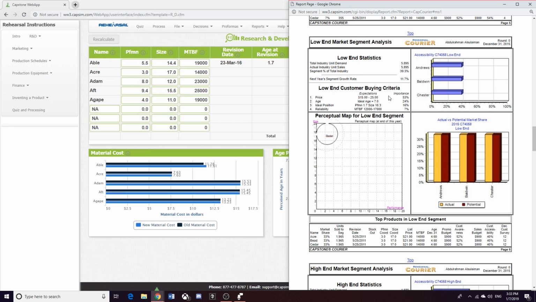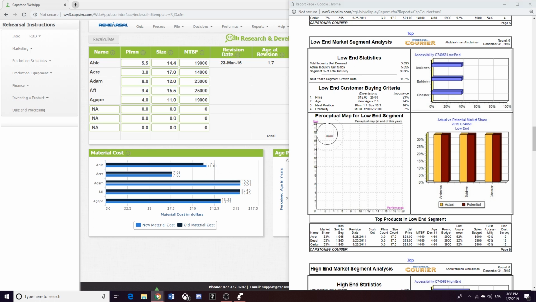So let's go. How should we set performance for Acre? Currently our product is at 3, and at the end of round 0 and the beginning of round 1, customers want a product that is 1.7 in performance and 18.3 in size.